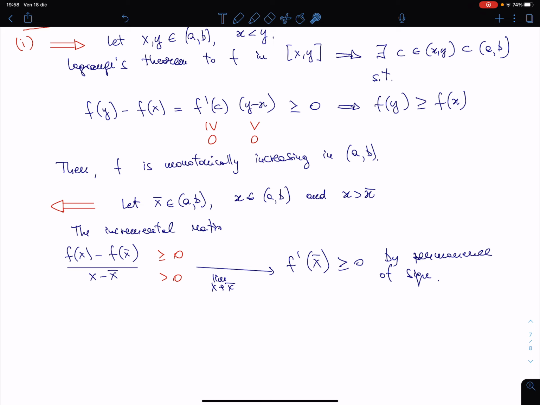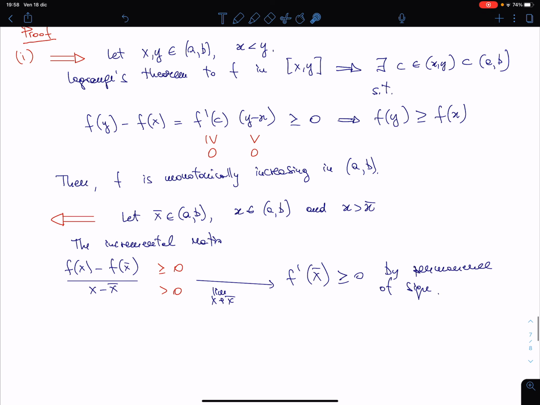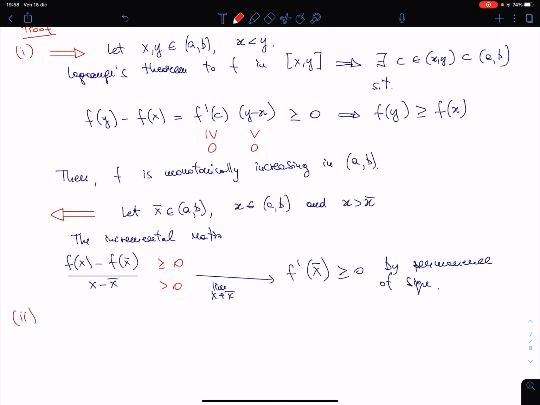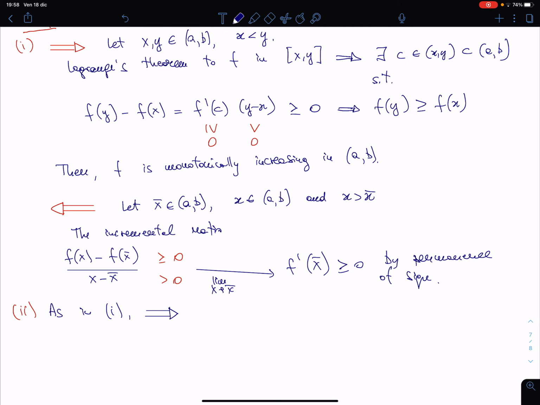So exactly as in point 1, we have that f of y minus f of x is equal to f prime of c times y minus x.